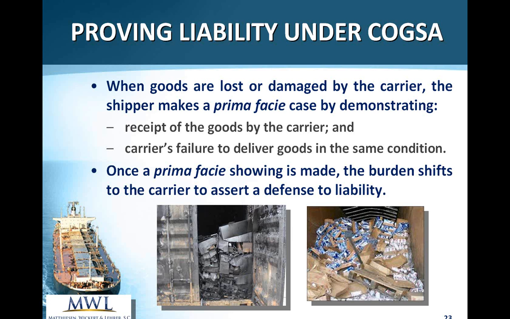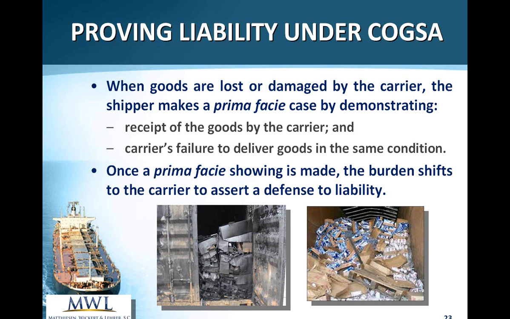The same principles that underlie Carmack apply equally to COGSA, namely that a shipper is not present during the carriage of goods, therefore holding the shipper to the standard of demonstrating negligence is quite unfair, especially now when you have multimodal transportation, where it's difficult to discern whether the damage occurred while a particular container was on a ship, when it was transferred to the rail leg, when it was then transferred to the motor carrier leg, the semi-tractor trailer.